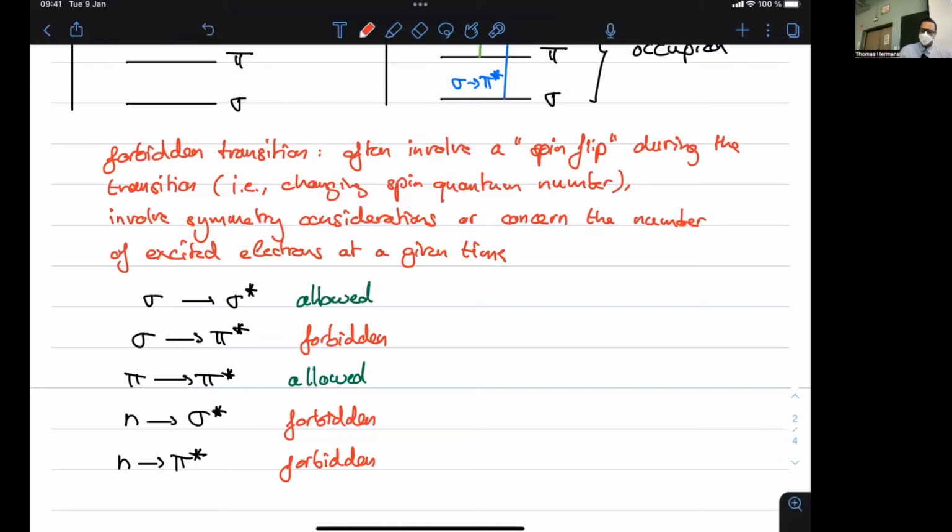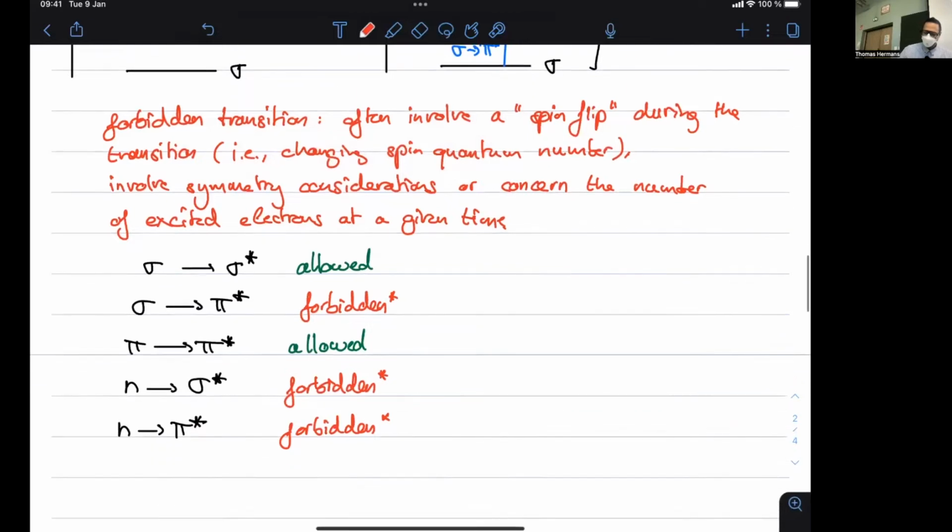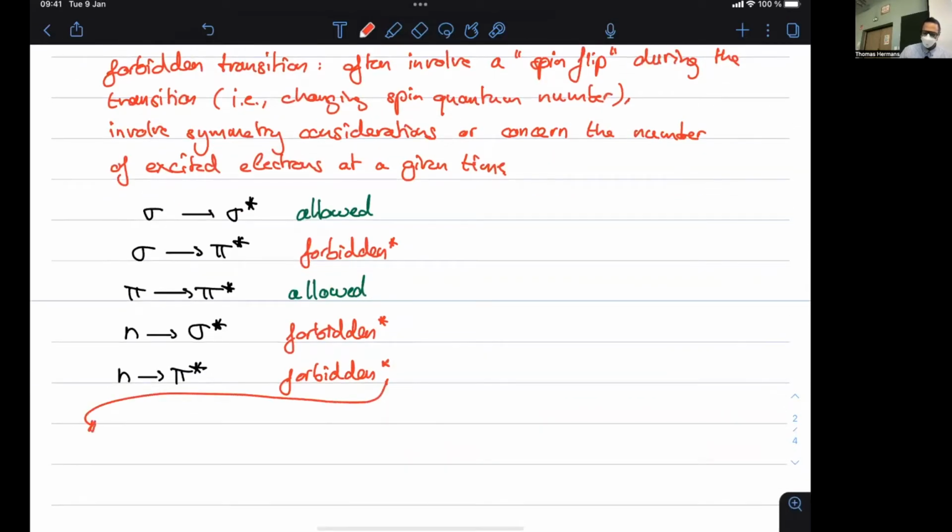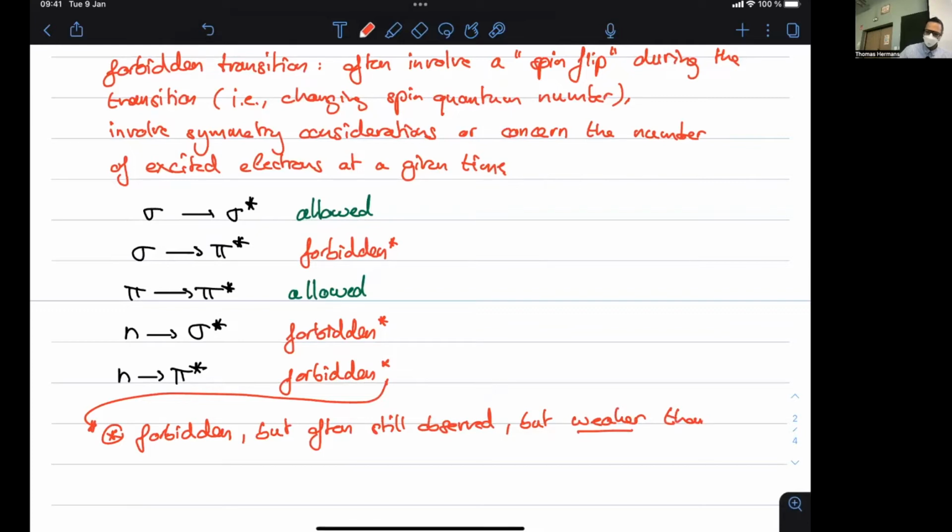Okay, so I'm going to put a little asterisk here. So forbidden, does that really mean they never happen? No. So it's forbidden, but often still observed, but weaker than, switch back to green, allowed ones.